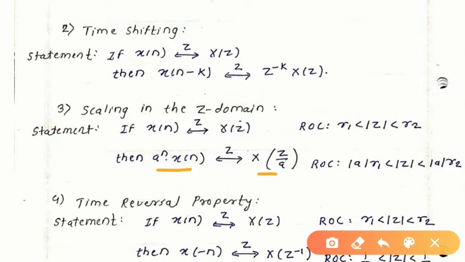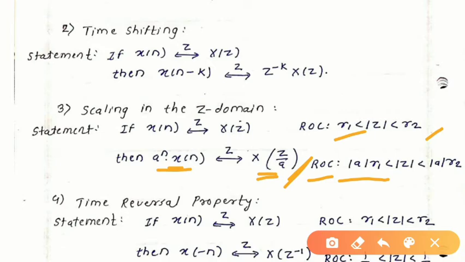Okay, and the ROC is given. We have already learned how to find this ROC. You just have to remember the ROC condition, that is mod of a into r1 should be less than mod of z, and it is less than mod of a into r2. Okay, this r1 and r2 are the radii of the region of convergence.